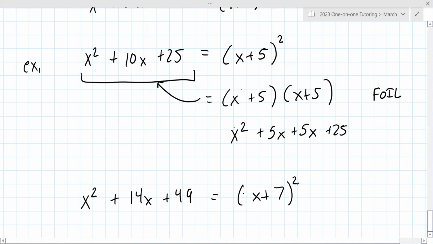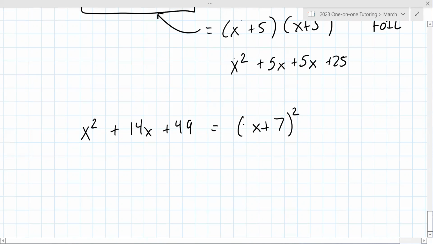Yeah, you just leave it like that. Good. Okay, now the other type of perfect square trinomials, it's really similar here. Let's say I put a minus in front of the 14x. This becomes x minus 7 squared.